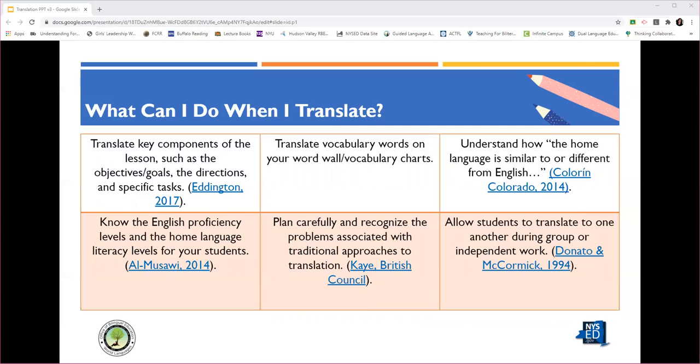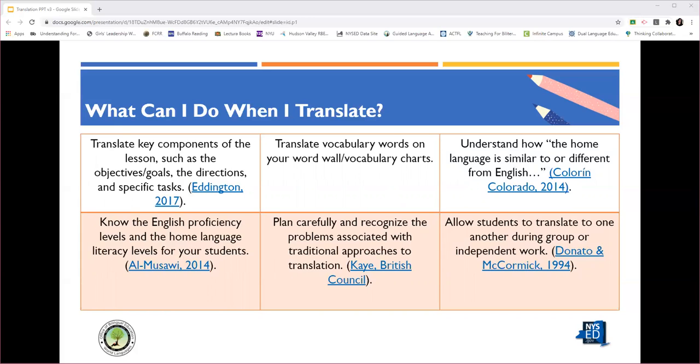You can translate vocabulary words on your word wall or vocabulary chart. You can have the students write the vocabulary word in both their home language and target language for deeper understanding. Remember, use visuals, color coding for words in English and in the home language. Don't forget that New York State has the bilingual glossaries for many content areas in many different languages represented in our state.